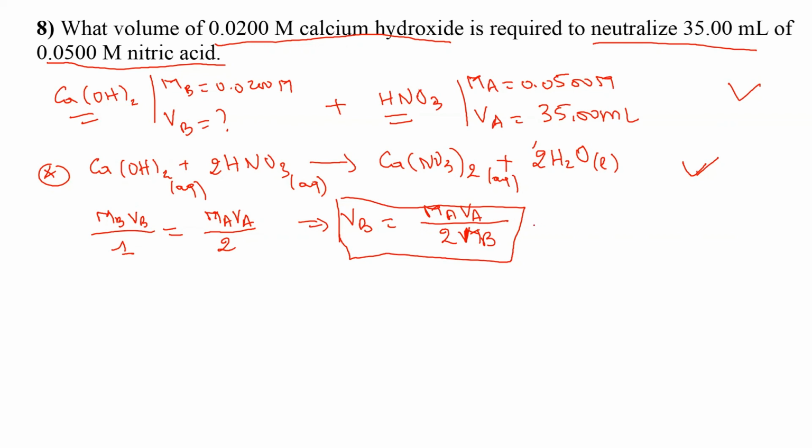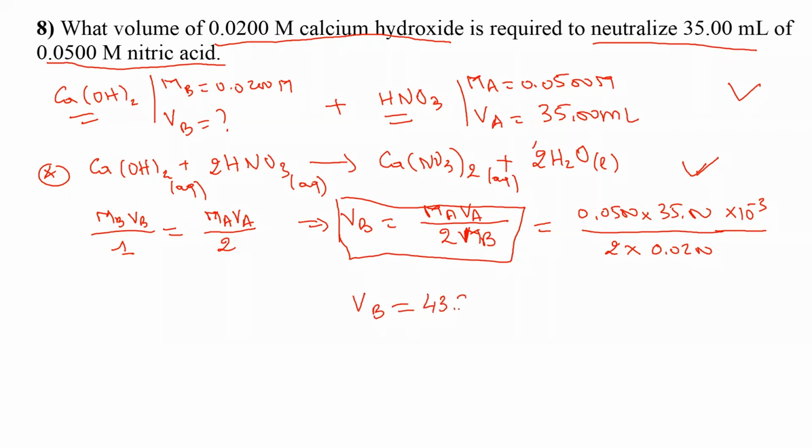Here, if you calculate it, MA, we know that it's 0.05 times VA 35.00, and here is 2 times 0.0200. Okay, if you want, you can have it directly in liters. And VB will be equal to 43.8 ml or 43.8 times 10 to the power minus 3 liters.